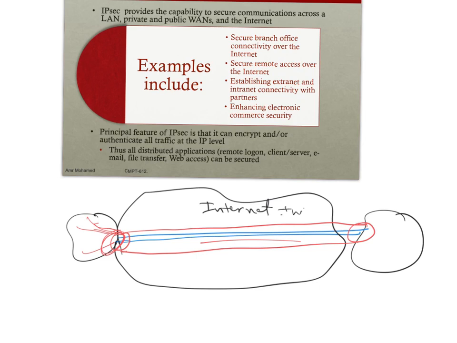Okay, what is the difference? The slight difference between intranet and extranet is that if you want to secure two networks owned by the same organization, that's intranet. Extranet, if this is Apple and this is Google, that's it. And the two networks are owned by two different organizations. So if Apple wants to talk to Microsoft, they also need to use secure communication. So this is the extranet.